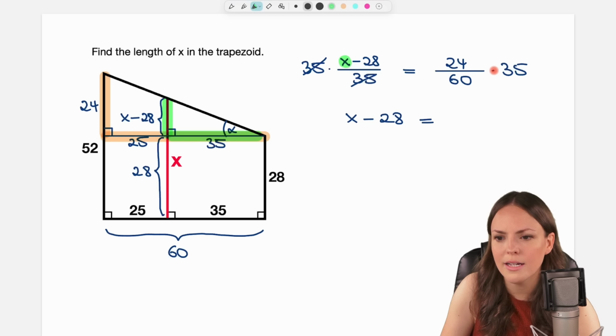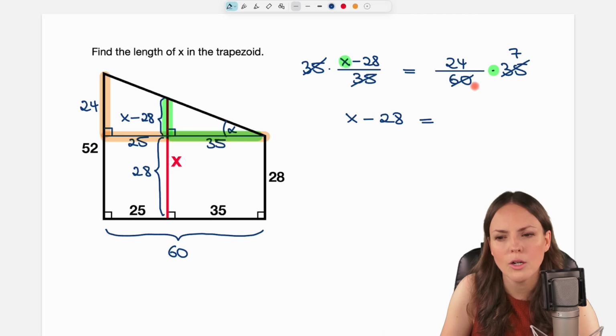And on the other side, we can multiply, but first let's reduce this a little bit because 35 and 60 are both divisible by 5. 35 over 5 equals 7, and 60 over 5 equals 12. And now 24 over 12 equals 2, so we only have 2 times 7, which is equal to 14.